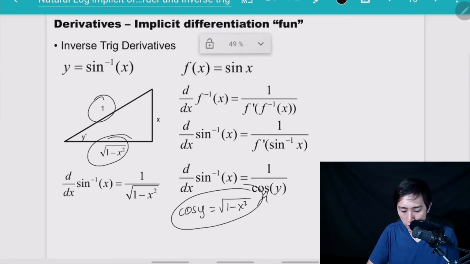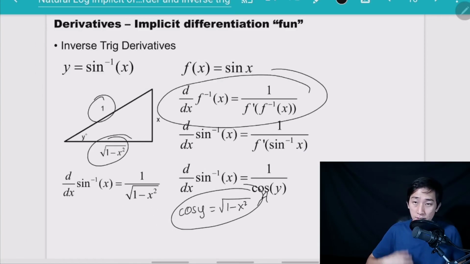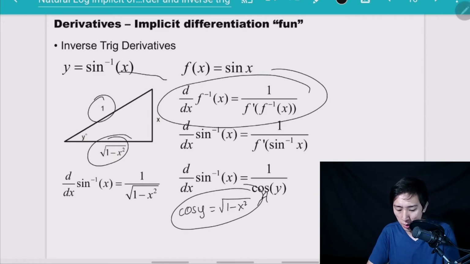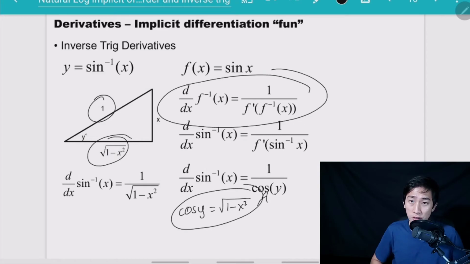Using this derivative of the inverse formula, what we found is that the derivative of sine inverse is simply 1 over the square root of 1 minus x squared. Again, this is built on the fact that you guys are pretty doggone good at using your inverse trig functions to solve triangles and whatnot. Sorry, I should have had a right angle over here, but hopefully you'll forgive that. And this is your main takeaway.